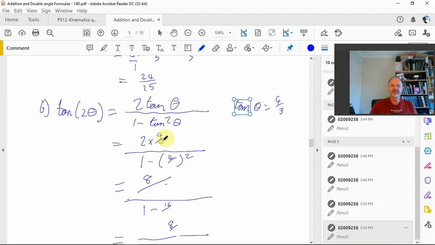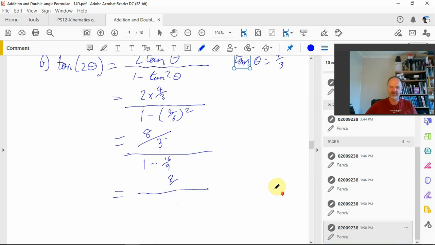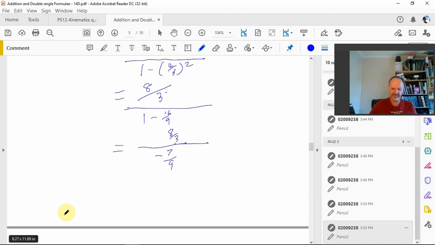All right, so 4/3, 4/3, 8/3, 16/9, 8/3. All right, 9 minus 16 is minus 7/9. Dividing by fractions, turn them over and multiply.